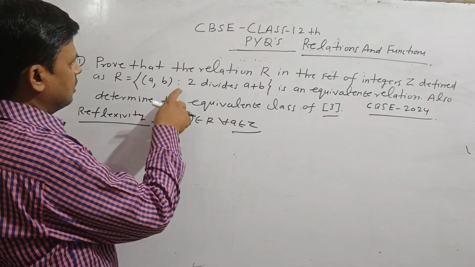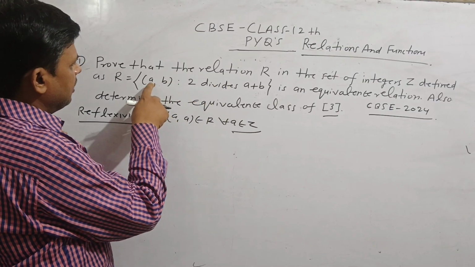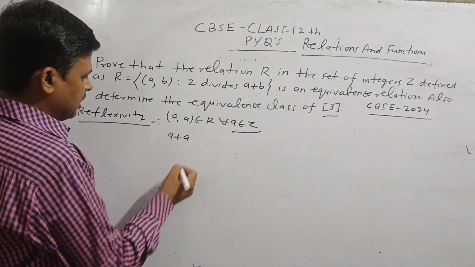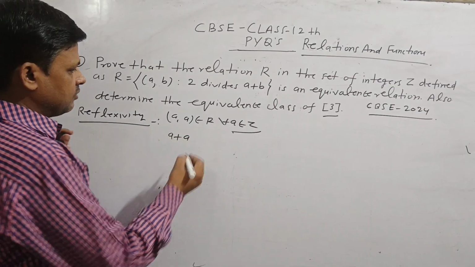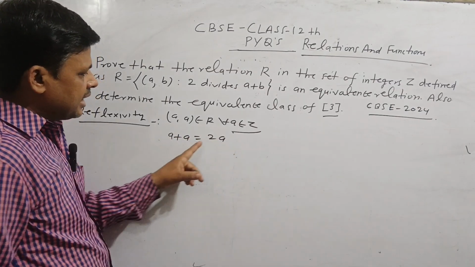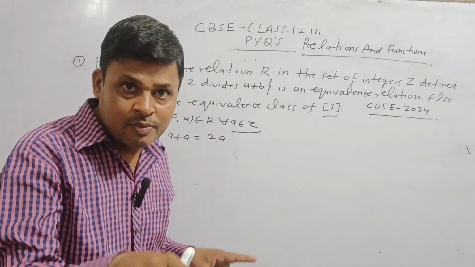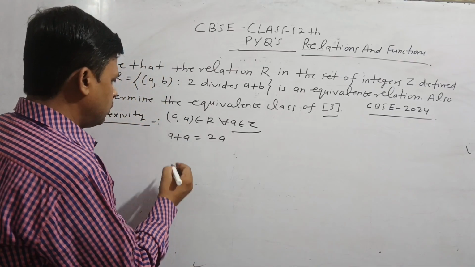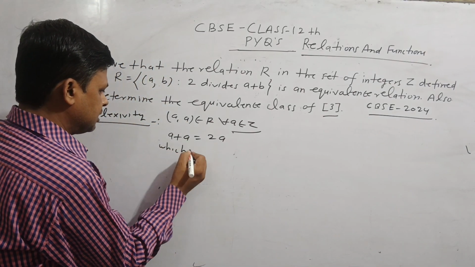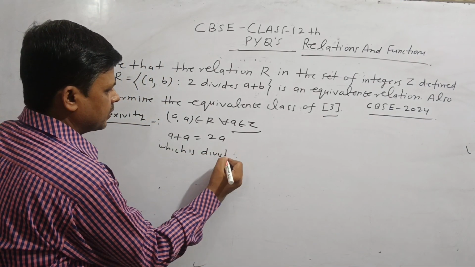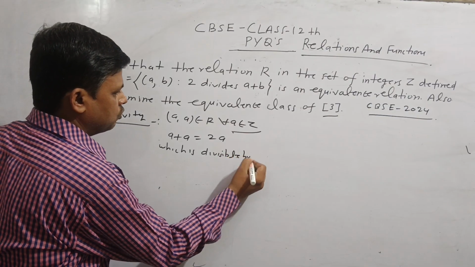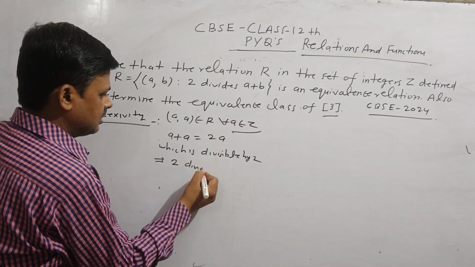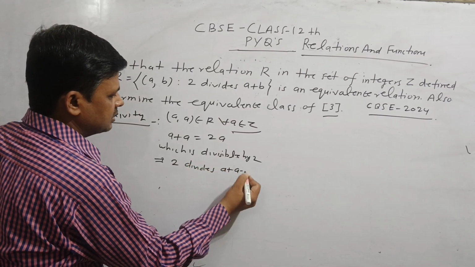So what is the definition of the relation? If a is related to b, then 2 divides a plus b. So a plus a is 2a, and definitely 2a is divisible by 2. So 2 divides a plus a, which is equal to 2a.